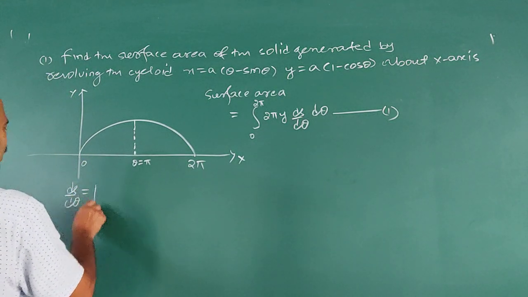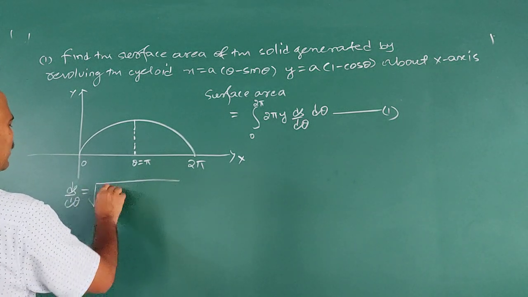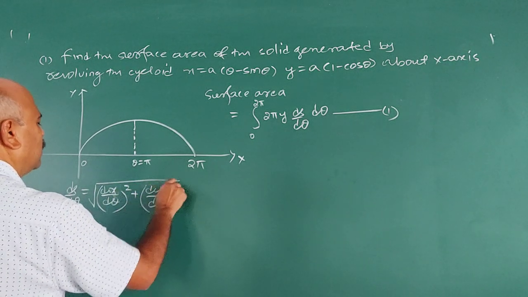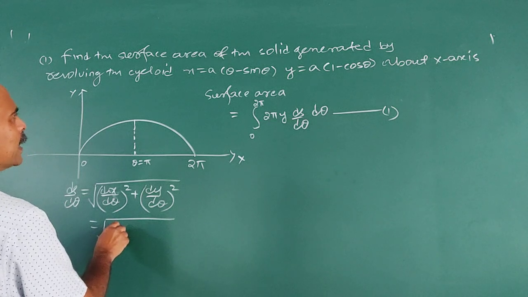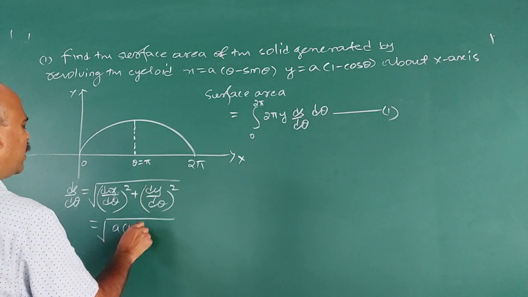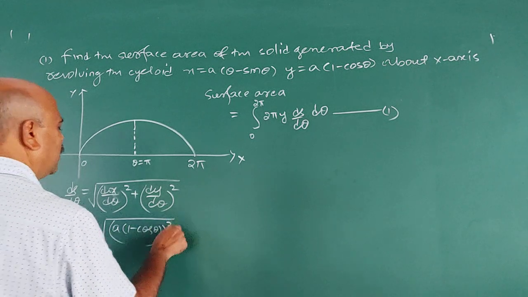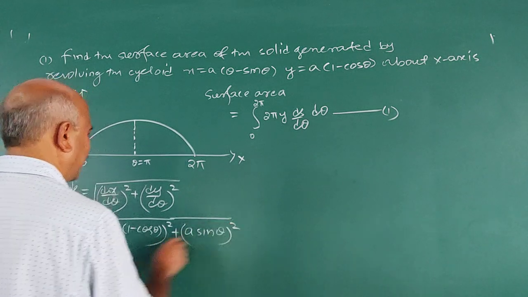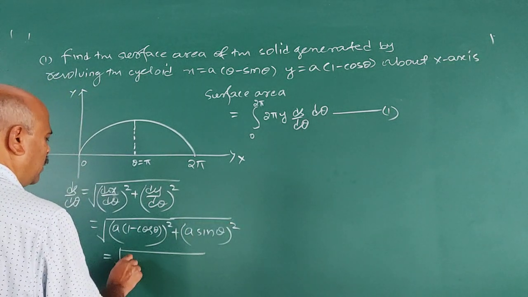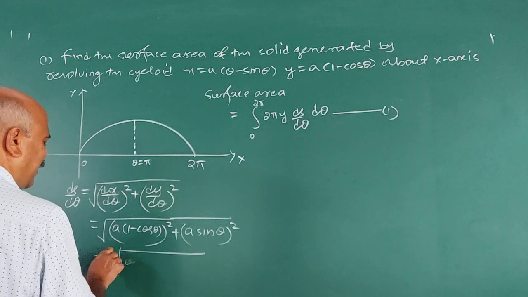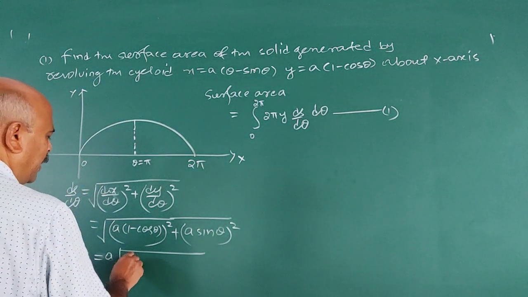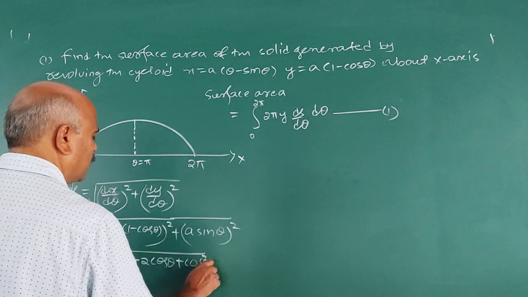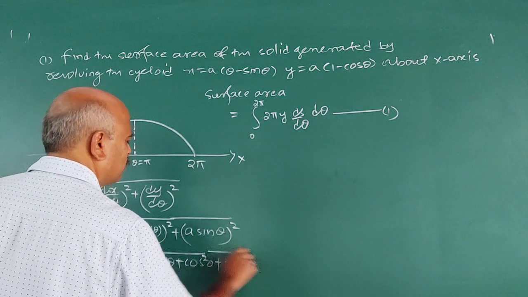ds by d theta is for parametric curve. What is ds by d theta? Square root of (dx by d theta) whole square plus (dy by d theta) whole square. Therefore it is square root of (a into 1 minus cos theta) whole square plus (dy by d theta is a sin theta) whole square. Therefore I take a common and simplify this. a into square root of 1 minus 2 cos theta plus cos square theta plus sin square theta.